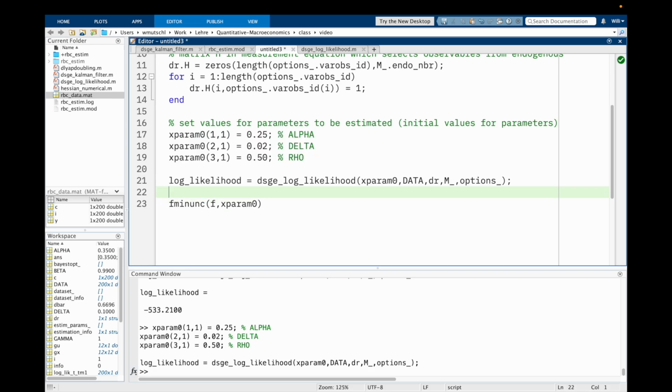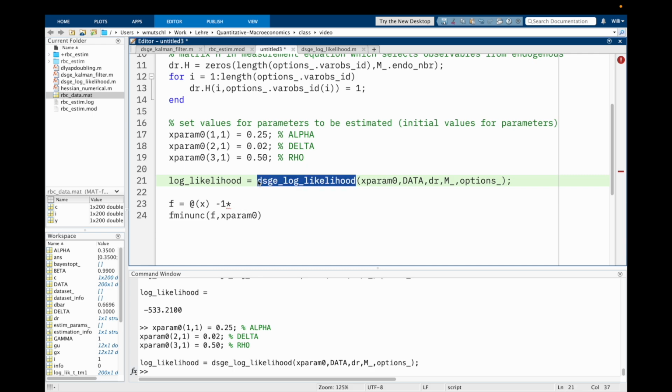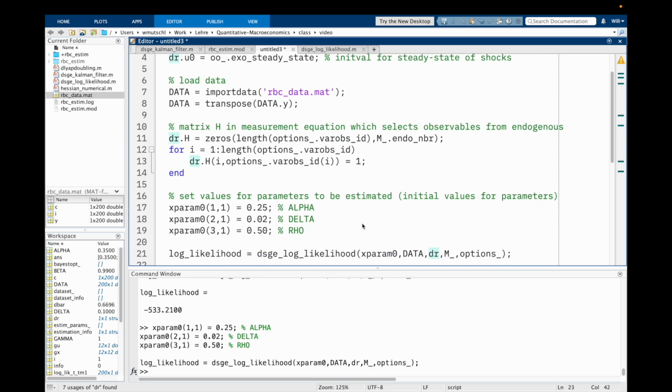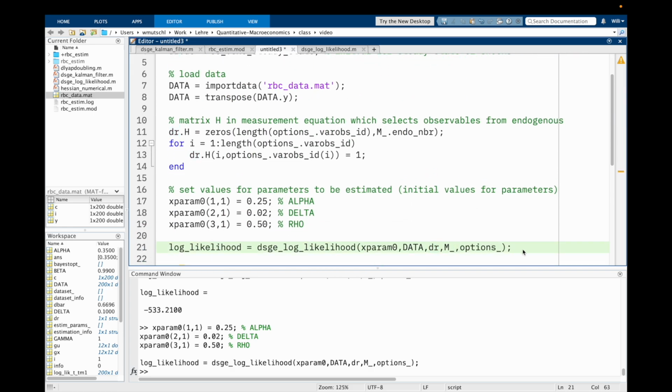And I would like to use this on a function f. So let me define this function f as an anonymous function, as we've done with the vector autoregressive maximum likelihood estimation. This is the log likelihood. I want to maximize that. Optimizers always want to minimize, so I'm going to multiply this with -1, and this is going to be this function right here, and the x should go in here. I'm going to pass on always data, always the information on the R, M, and options.